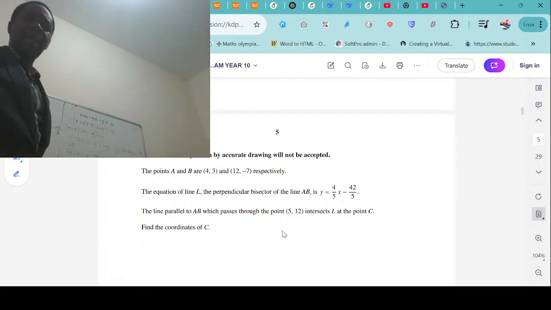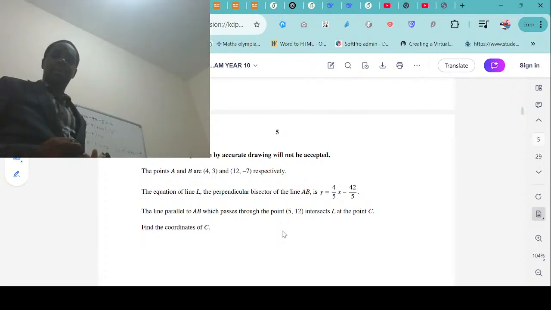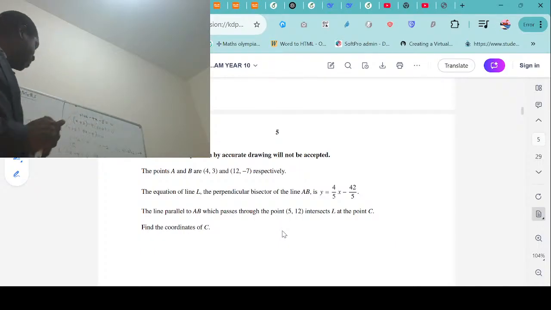Now there is a line parallel to AB, which passes through the point 5, 12. So let's find where that point is going to be. If from here to here is 8, and from here to here is 4, then for 5, 12, let's start with 5.